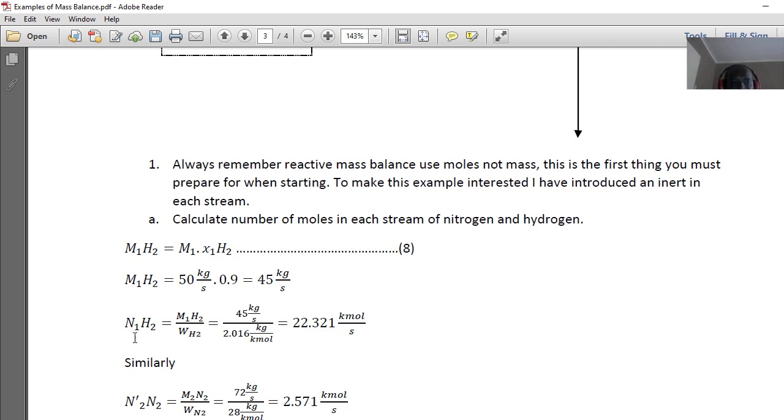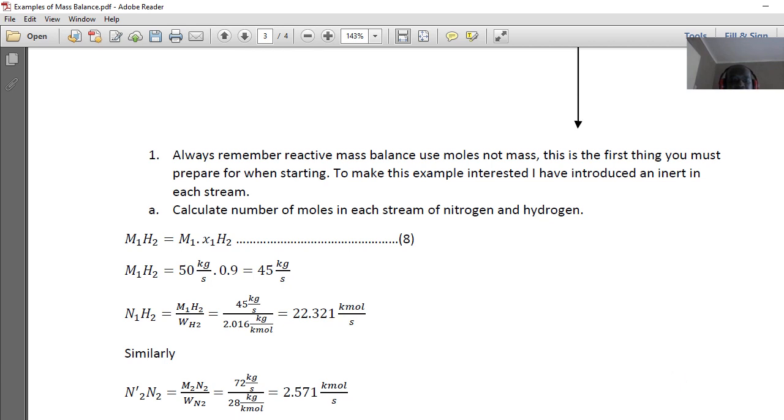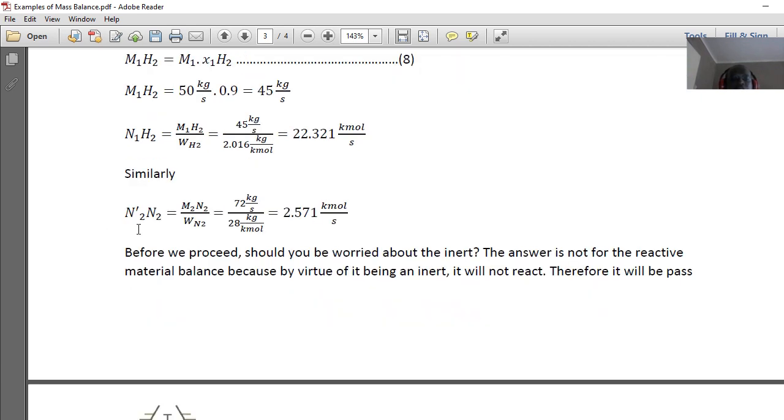Then your N1, the moles of hydrogen in stream 1, will be equal to the mass of hydrogen in stream 1 divided by the molecular weight of hydrogen, which gives 22.231 kilomoles per second. Similarly, you can calculate N2, the number of moles of nitrogen in stream 2. Because of this, I've denoted stream 2 with a little asterisk on top, and this gives 2.571 kilomoles per second.